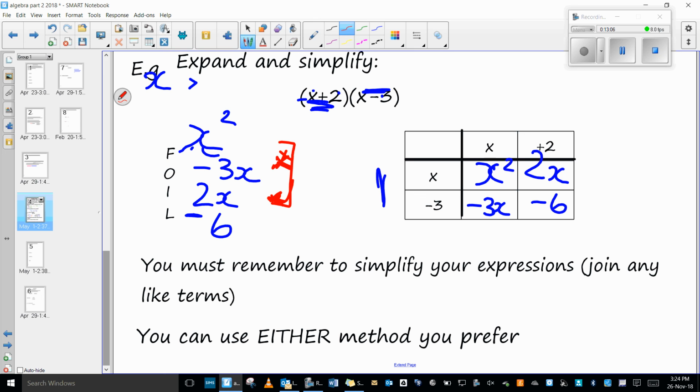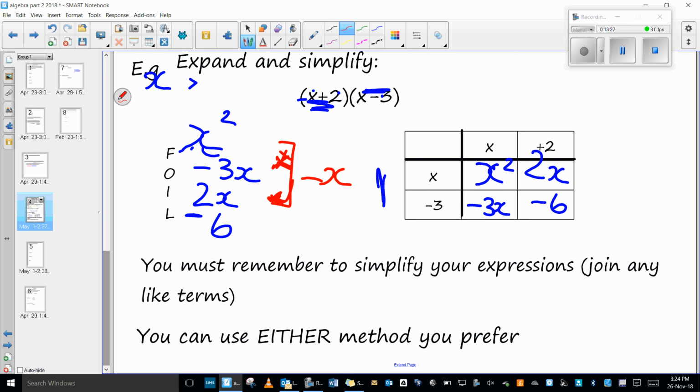What happens there? If we start at negative 3 and we're adding on 2, where do we end up? Sarah, we start at negative 3 and we add on 2, what are we going to end up with? Okay, negative 1. Good. And we would just therefore write negative x, wouldn't we?